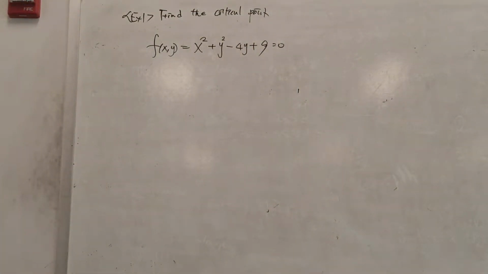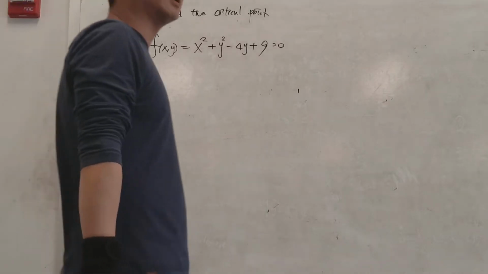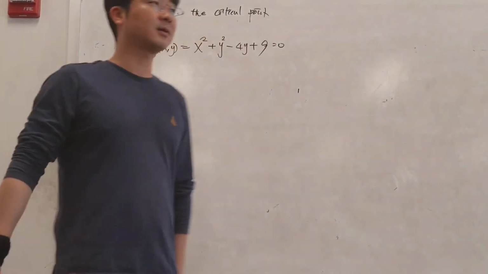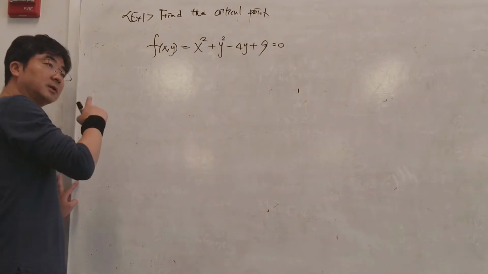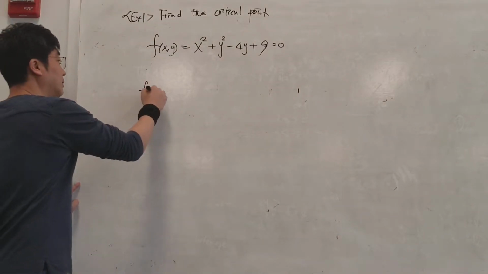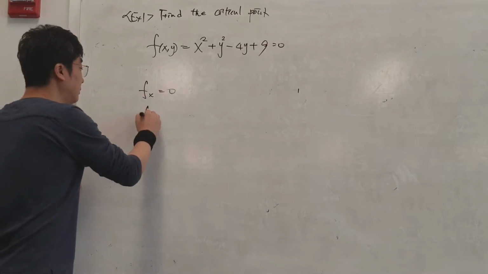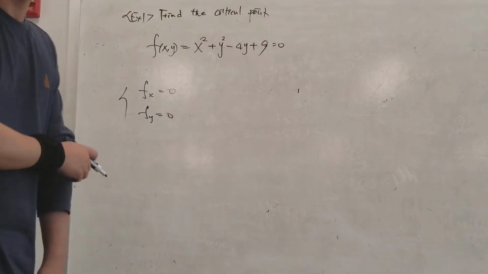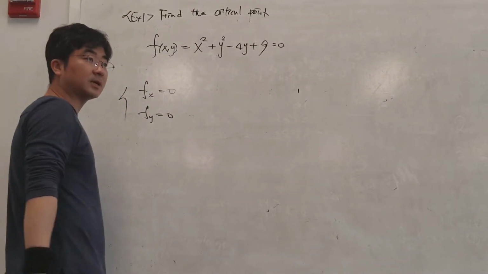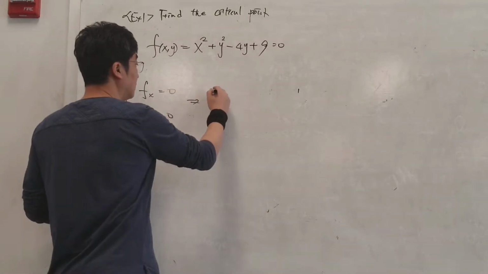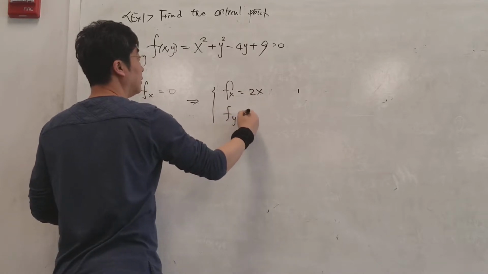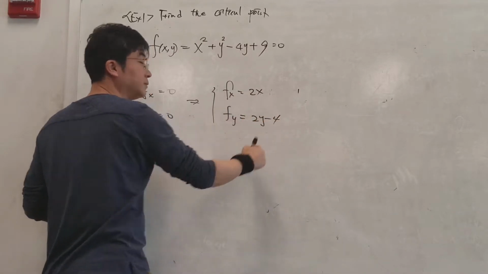Since this one has two dimensions, x and y, it's not exactly the same as what we did in Cal 1, it's different, but we'll try our partial derivatives. To get the critical point, the partial derivative with respect to x should be equal to 0, and the partial derivative with respect to y must be equal to 0, right? It should satisfy both conditions. So let's do it step by step. Let's get the partial derivatives. f sub x is 2x, f sub y is 2y minus 4.